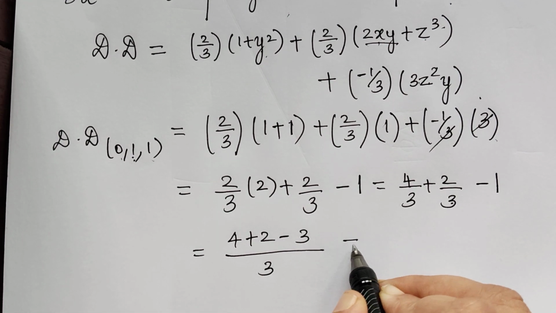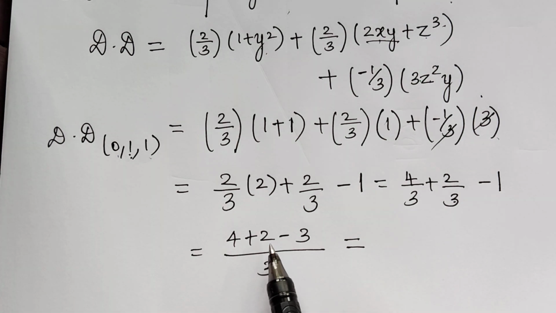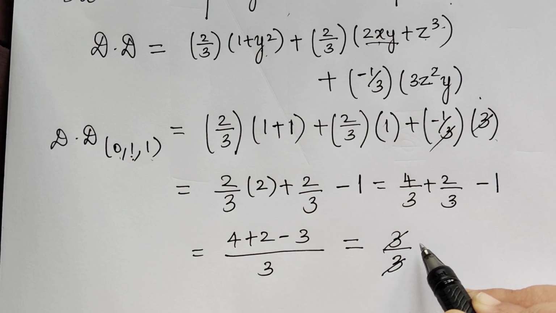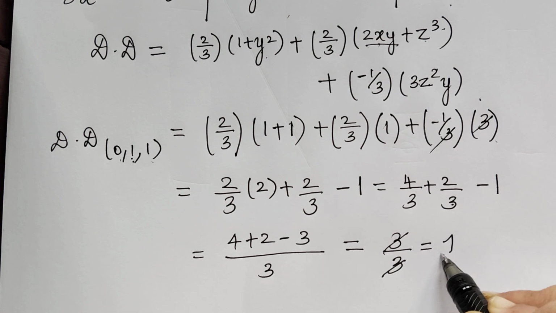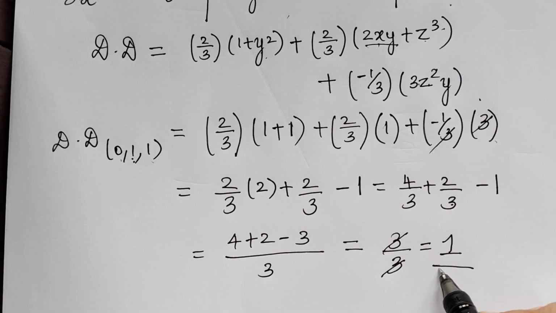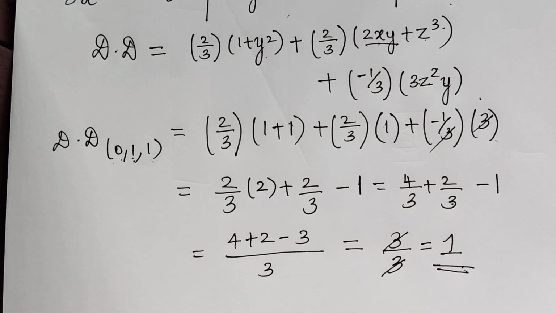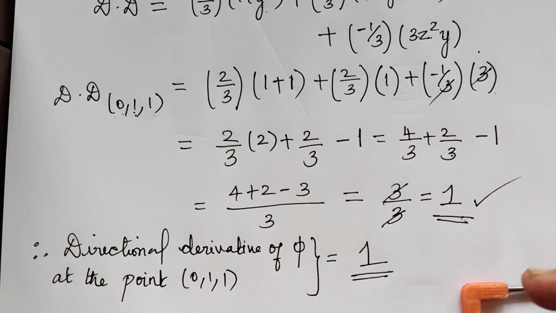And so the answer will be 4 plus 2 is 6, 6 minus 3 is 3, so it will be 3 by 3, which gets cancelled, and this will be equal to 1. Therefore the value of the directional derivative at the point (0, 1, 1) is 1. So this is the answer. I have written the answer here.